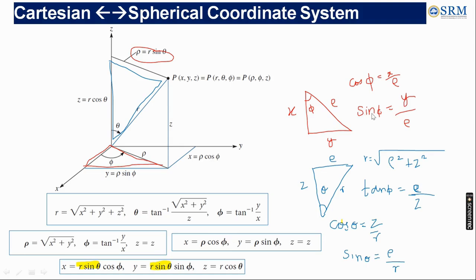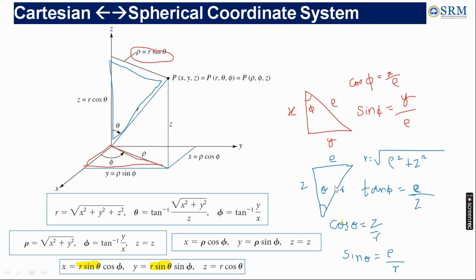From this expression we need to substitute the value of rho to get the spherical coordinates. For that I take the upper portion of the triangle where the theta angle is mentioned. To find the value of rho, first cos theta is adjacent by hypotenuse, that is z by r, so z equals r cos theta.